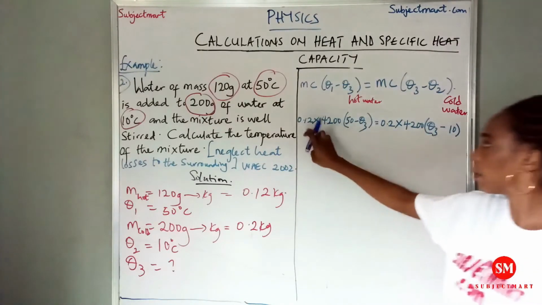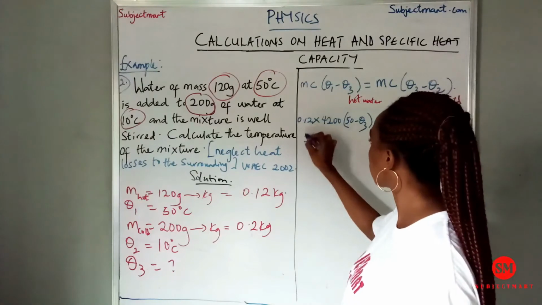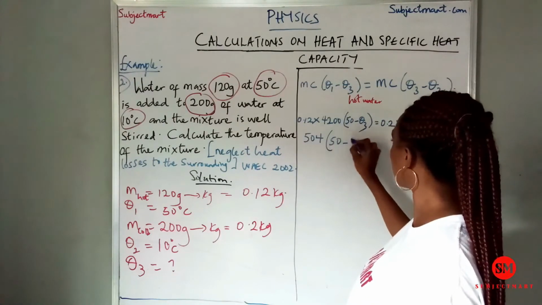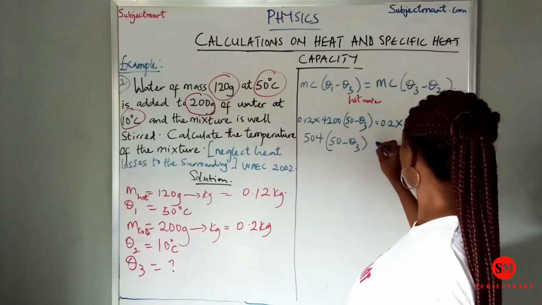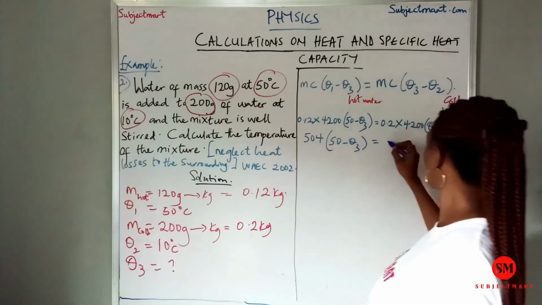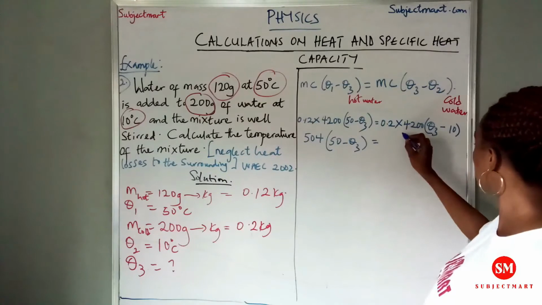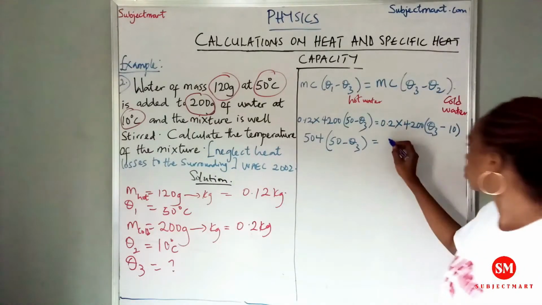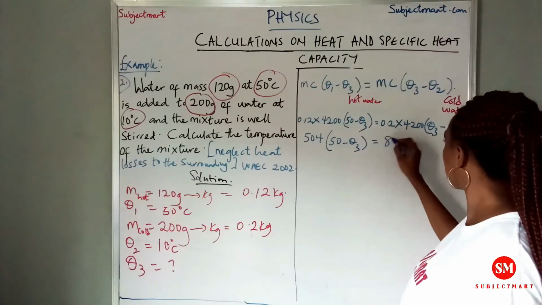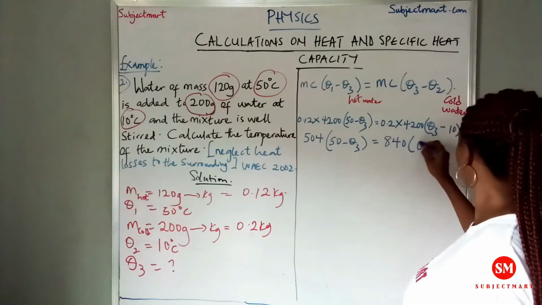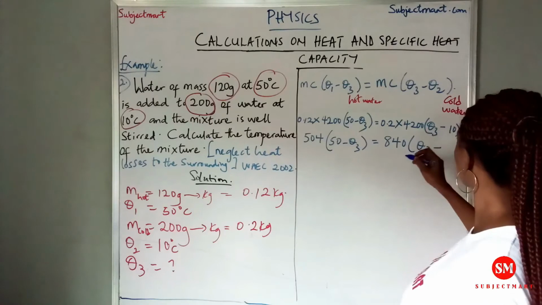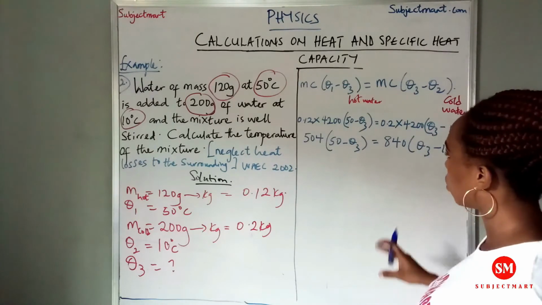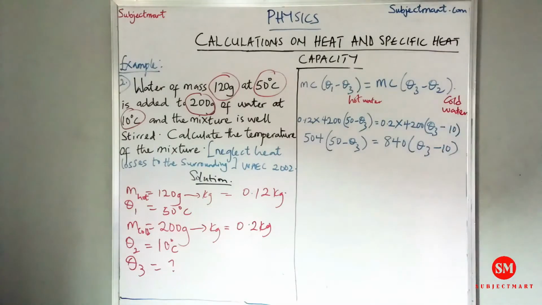So this multiplied by this will give me 504. So I have 504 times 50 minus theta 3 is equal to 0.2 times 4,200, which will give me 840, times theta 3 minus 10. I want to believe we understand it to this level.